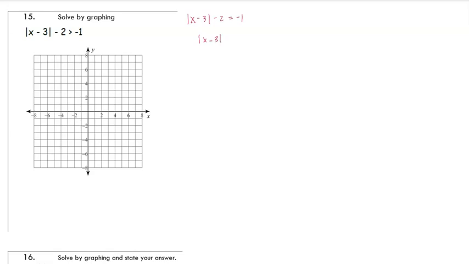You can see how to graph it. Plus 2, 1, x minus 3 equals 1, or x minus 3 equals negative 1. That's going to be 4, and that's going to be 2. Let's go ahead and separate it out.